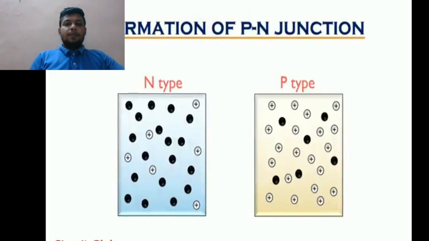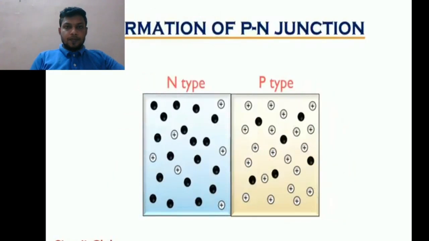In N-type, electrons are the majority carriers and holes are the minority carriers, and in P-type, holes are the majority carriers and electrons are the minority carriers. So this is the formation of the PN junction.